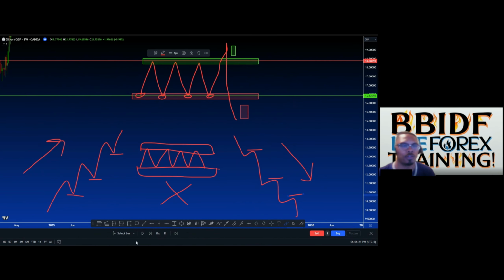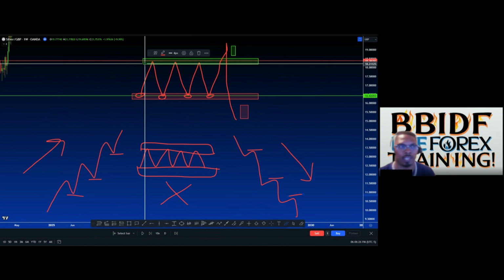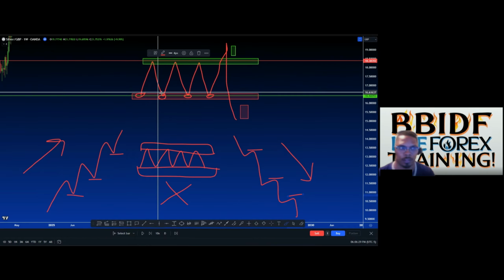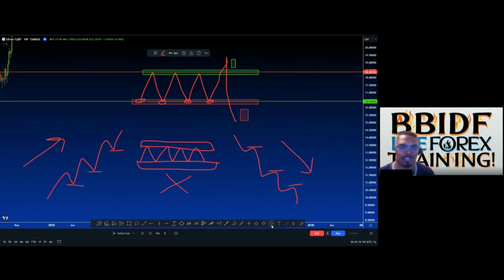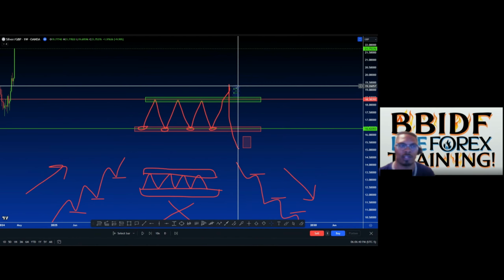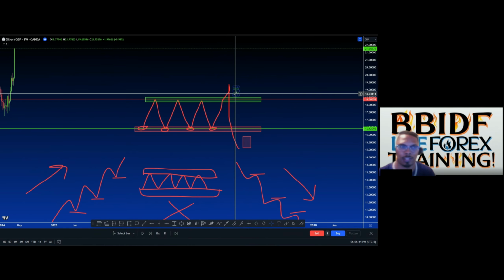All right. So what I'm teaching you guys is the basics of support, which was here at the bottom, and then resistance, which was at the top. And again, support and resistance is designated by where the candles are in relation to the zone that you drew. So that's more important than anything, guys.